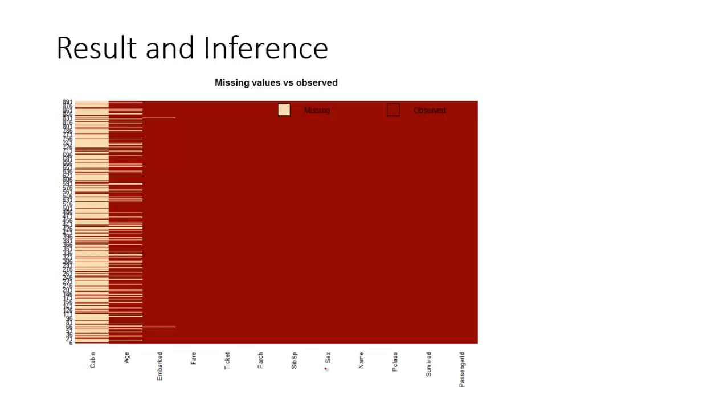So there are several features here you can see. You can see that cabin consists of a lot of NA values. This white shows missing and red shows observed. So cabin is showing a lot of missing values, so instead of training with this feature, we can exclude it. Also this cabin feature doesn't make sense.